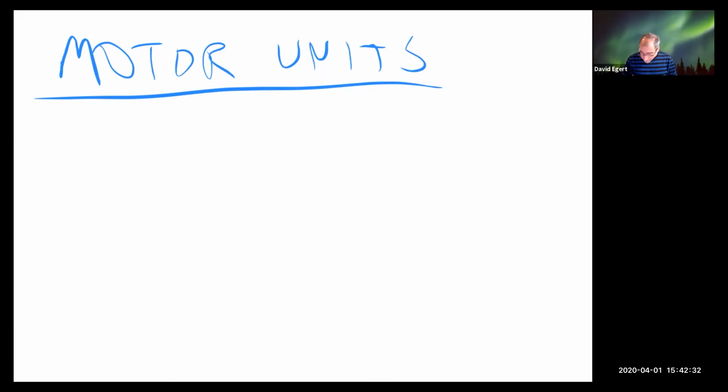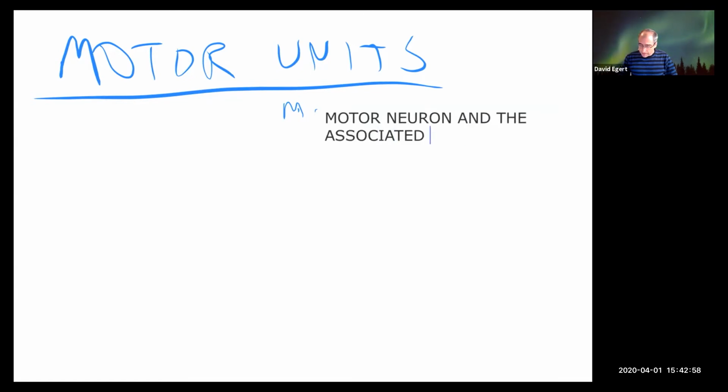A motor unit is, by definition, and I'll make more sense when I draw the picture, going to be a motor neuron and the associated muscle cells that it innervates. So that's the basic idea of a motor unit.